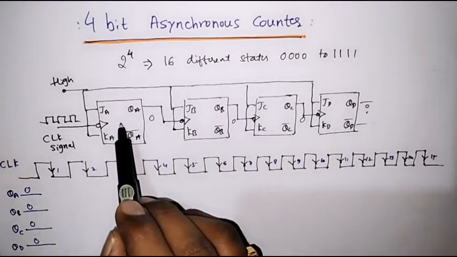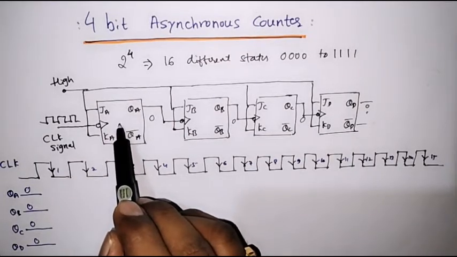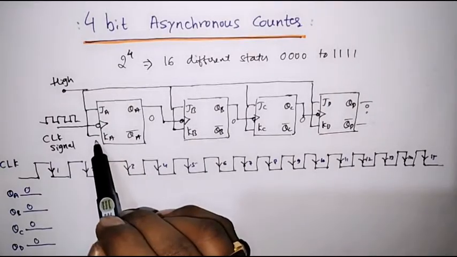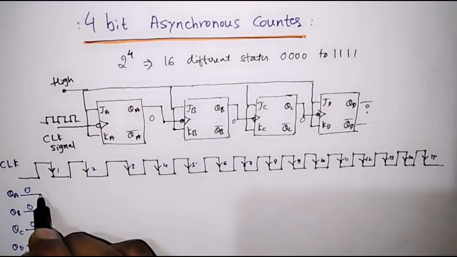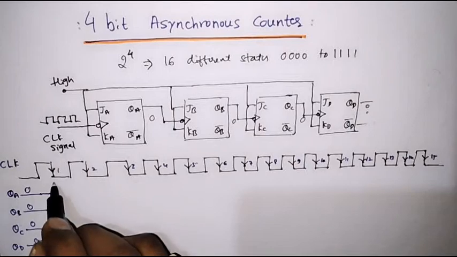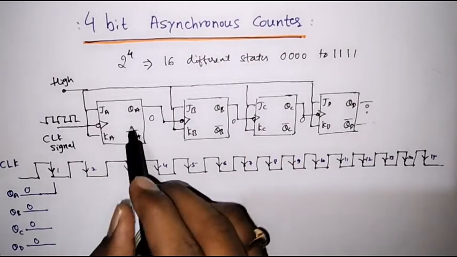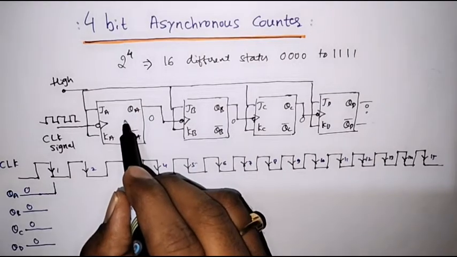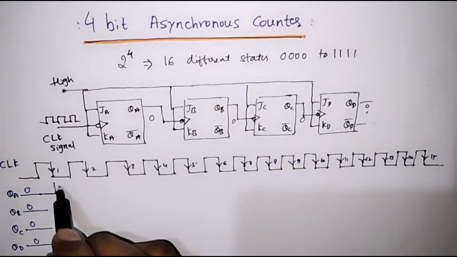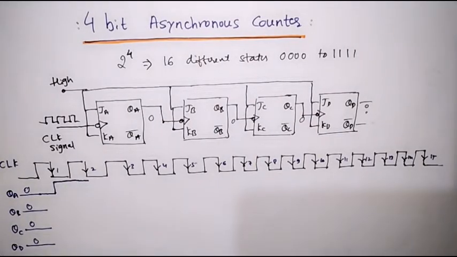the first flip-flop will become active, and as we know both the inputs are shorted, it will toggle. So at the edge of the first clock pulse, the output of the first flip-flop will toggle, that is, it becomes 1 and it will be high until the next clock pulse.